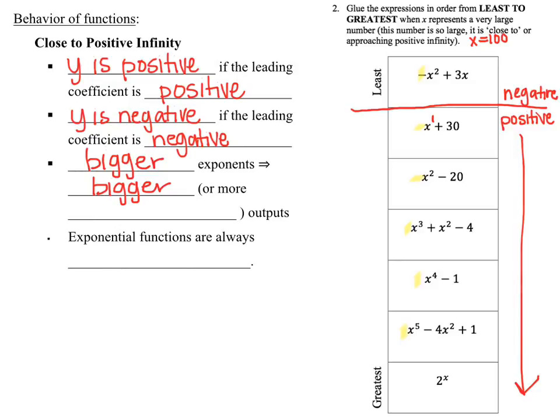Or if my leading coefficient was a negative, I would say more negative. And outputs I can also say is y values. And then exponential functions are always going to be the most positive, or I'm going to say the biggest, just because they are the fastest growing.